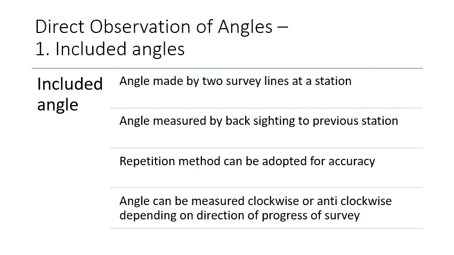We measure the angle between two lines, and that can be made accurate by doing it repeatedly. These angles can be measured either in the clockwise direction or in the anti-clockwise direction, depending upon in which direction you are moving around that object or entity.